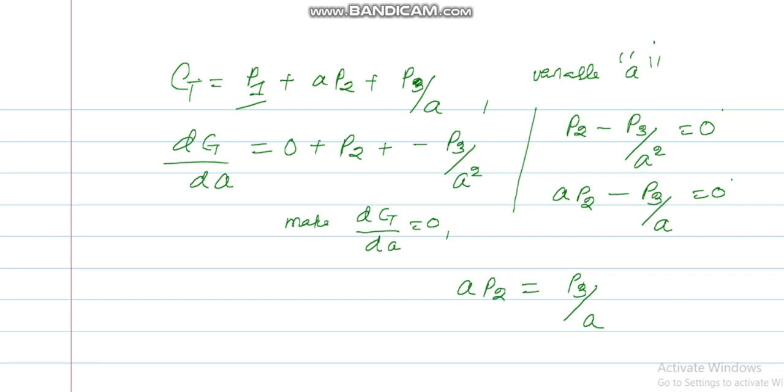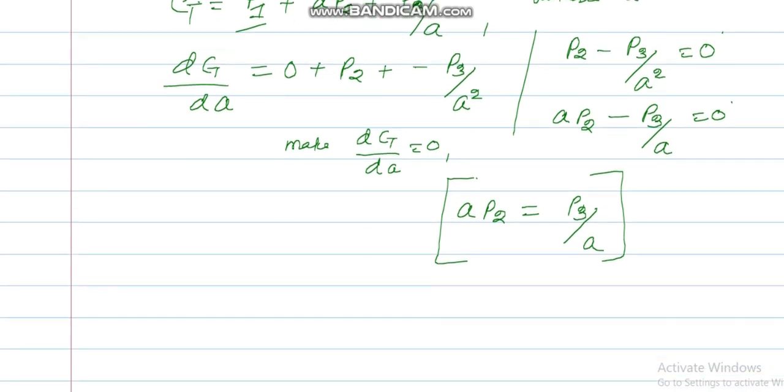Kwa tuna what is this? Tutapata kitu kama hiki. Au kwa namna nyingine naweza tukapata kwenda vizuri zaidi, tutapata A square.